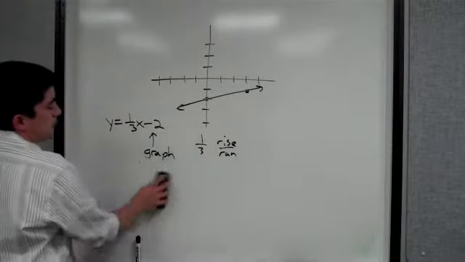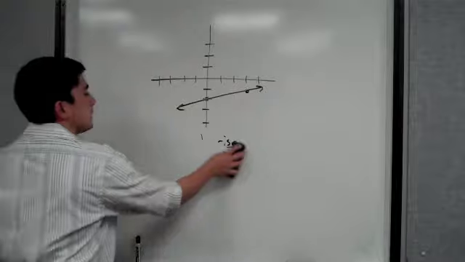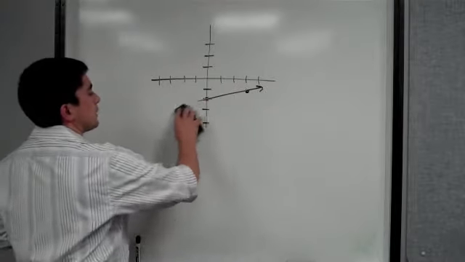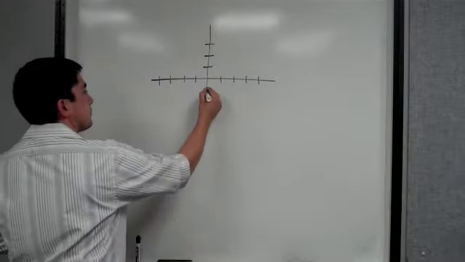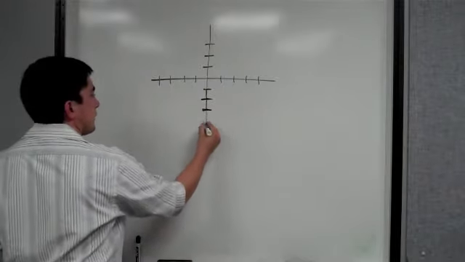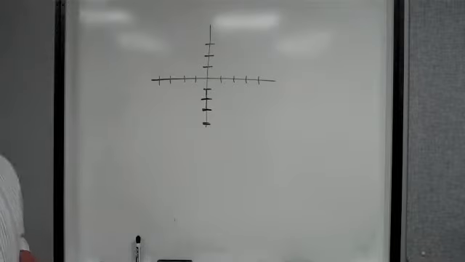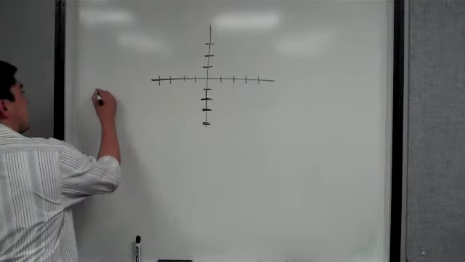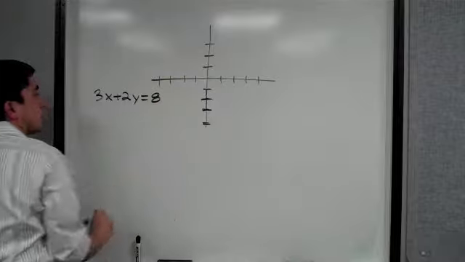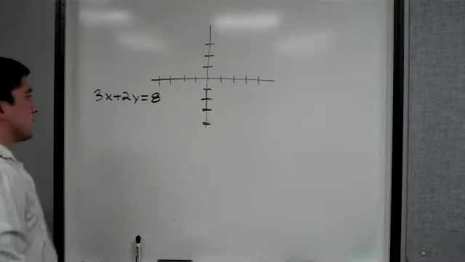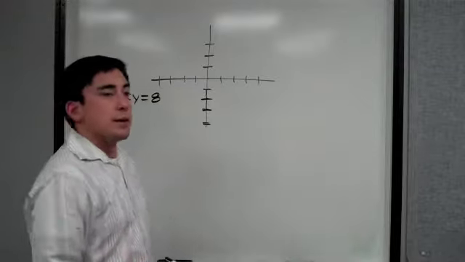So now the next problem I'm going to give you is the same type of problem. You're just going to do a little bit of extra work. Our next equation was 3x plus 2y equals 8. Before you can graph, you have to get y by itself.